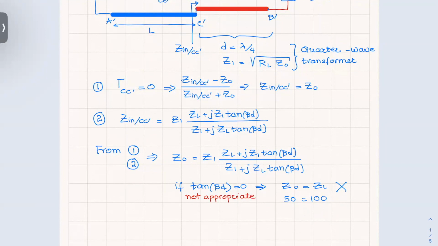How else, since I cannot have tangent beta D to be 0, what else can it be and get rid of the j's? It can be very, very, very large.